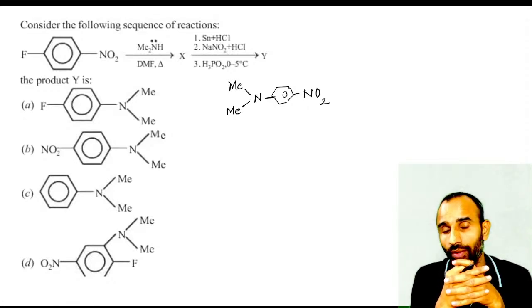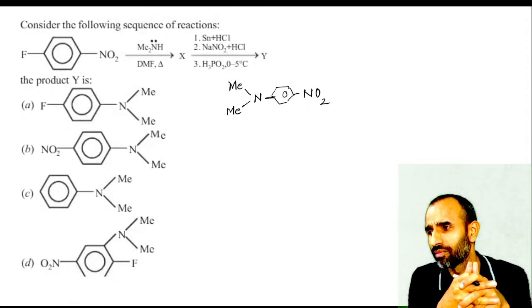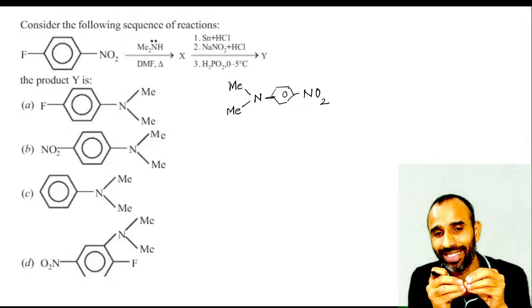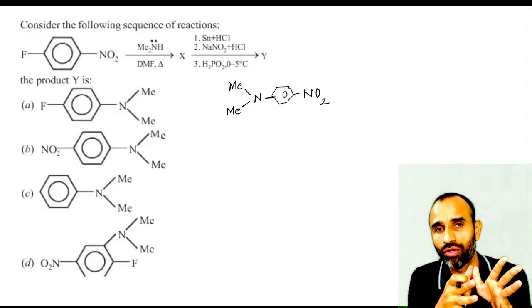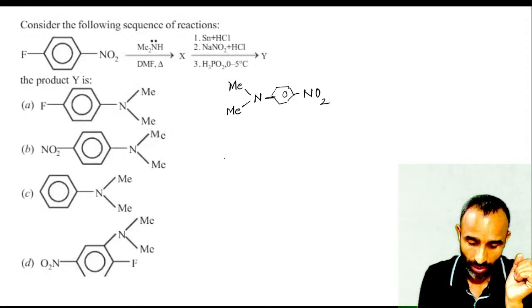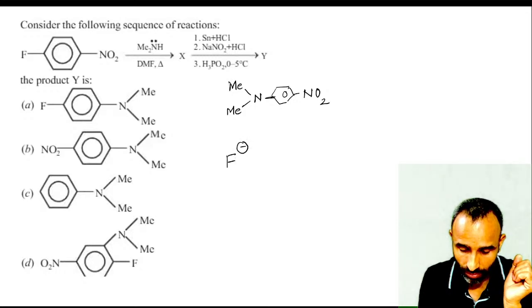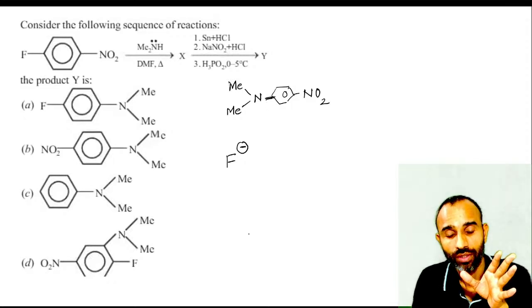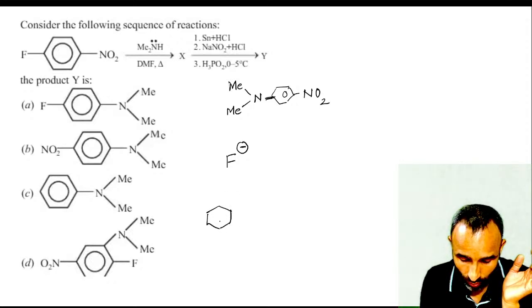Keep in mind, whenever we have a fluoro or SO3H, these groups can be easily replaced by another nucleophile. See, actually fluorine can hold negative charge effectively, so that's why it can be removed. Same is the case, when you have done this question, I hope.